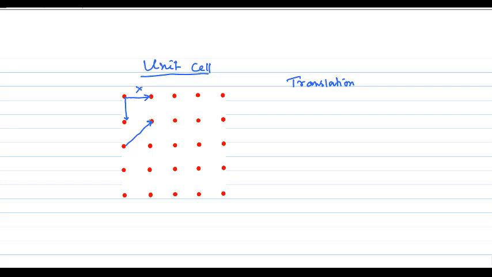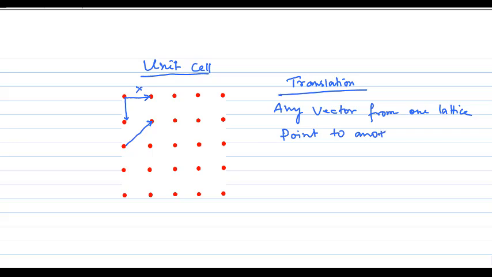Okay, so translation can be defined as any vector from one lattice point to another. So now we can conveniently connect these lattice points to generate a unit.